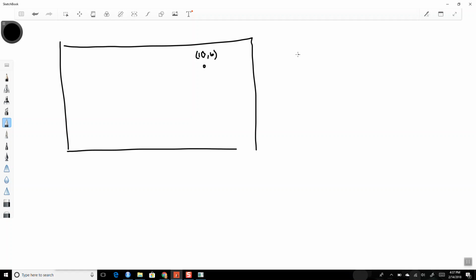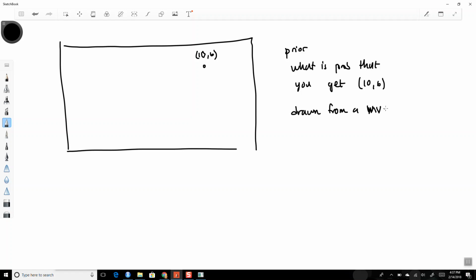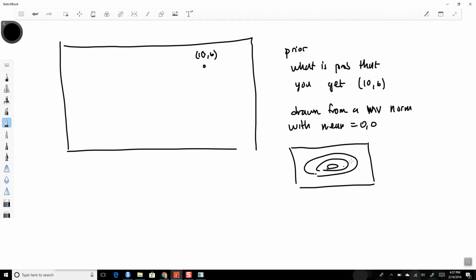So the prior probability asks, what is the probability that you get 10, 6 drawn from a multivariate normal with mean 0, 0? Our original grid looked kind of like this, and we're asking what's the probability of getting this location. And so this is fairly low.